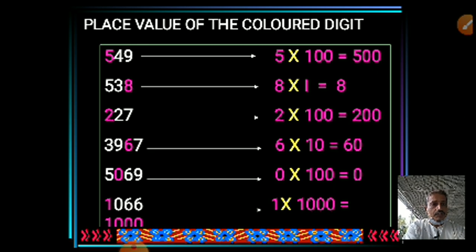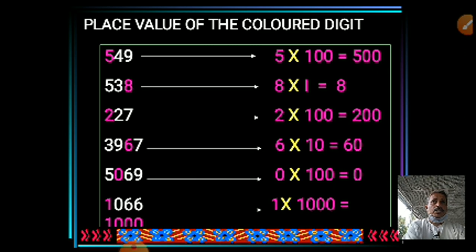Now look here, a very interesting question. In exams these types of questions come, and most probably many students make a silly mistake. See, what is the number? 0. What is the value of that place? 100. So 0 into 100.